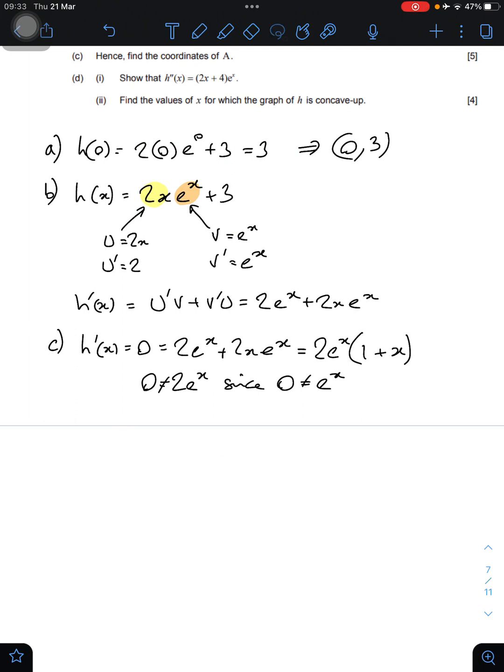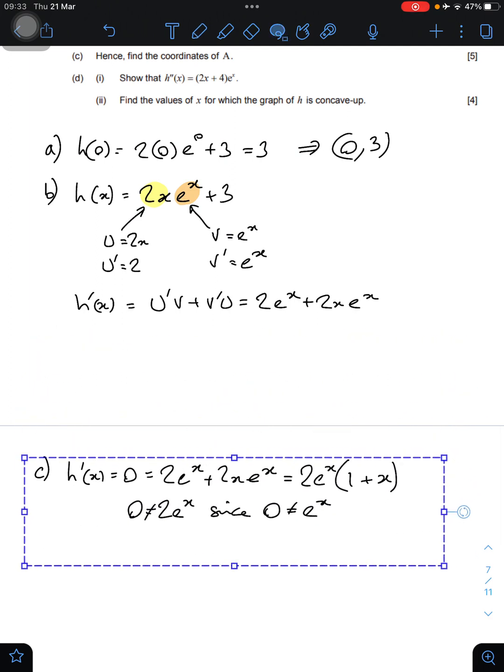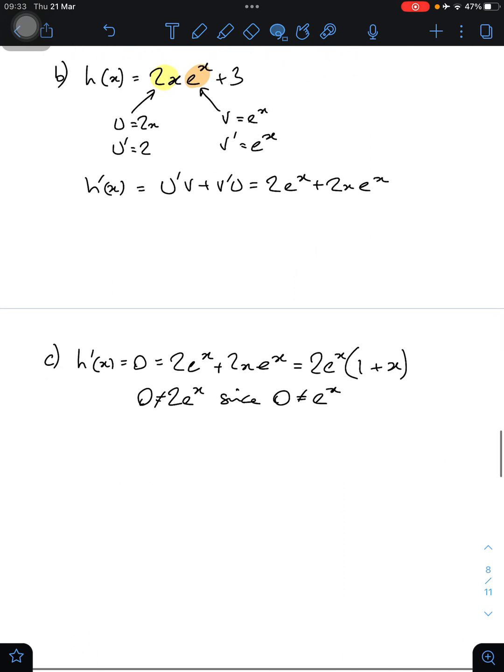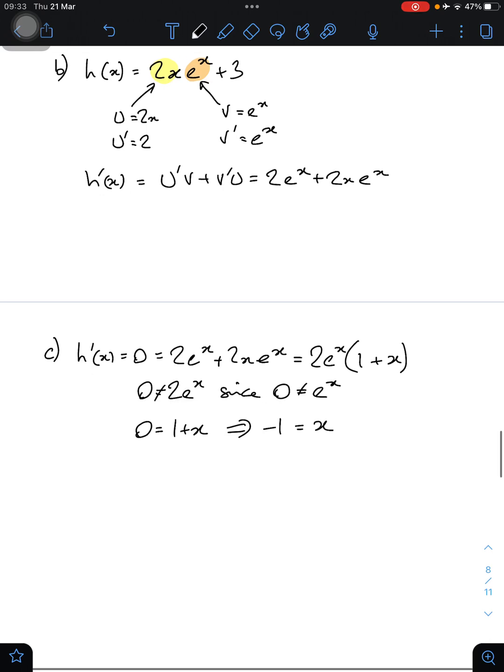I'm going to now take this below, to give more space. So the other solution is that 0 equals 1 plus x, because one part of that has to be 0, and that one does work there because you get x equal to minus 1.